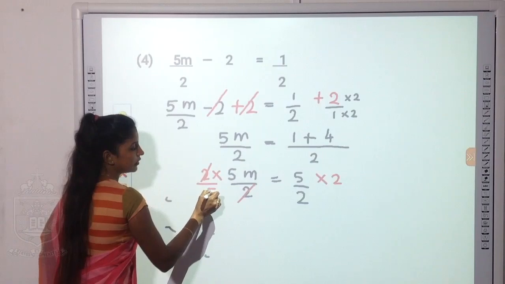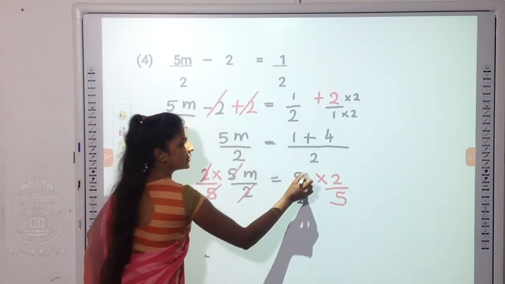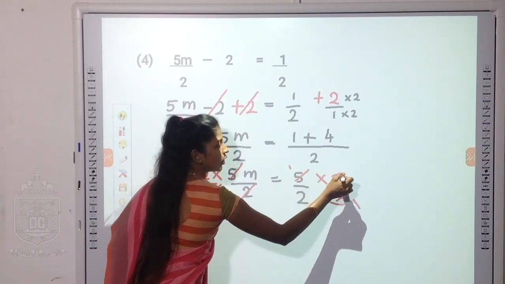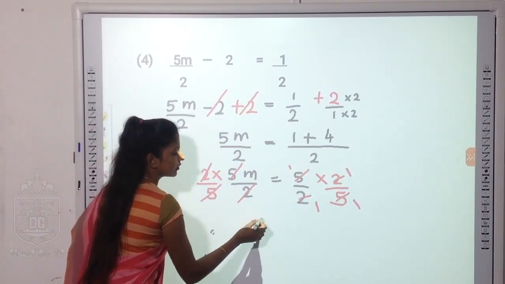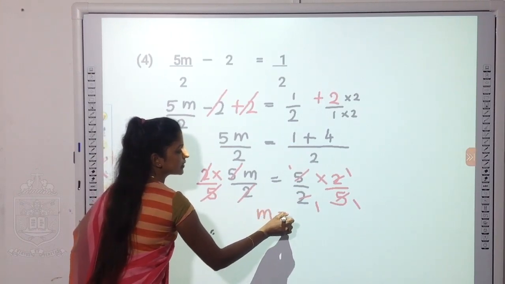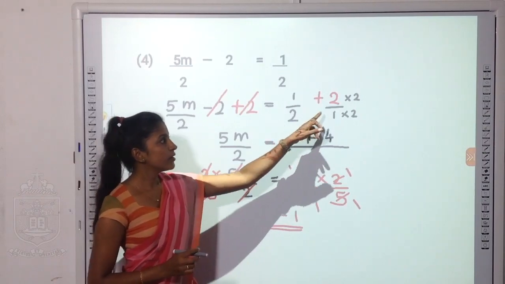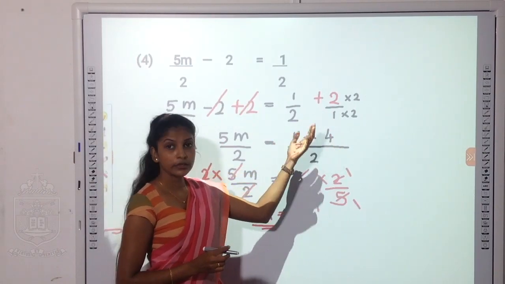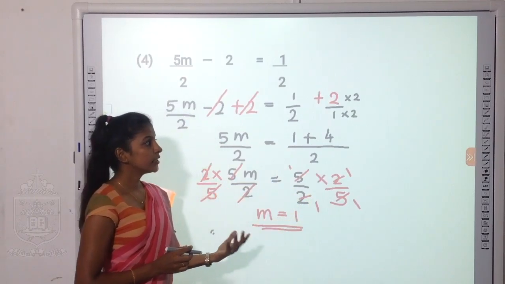In order to remove 5, you can divide both sides by 5. 5 cancels. So you all can see all the numbers will be cancelled and the answer will be 1. So here m equals 1 is the final answer. So when you are adding or subtracting a whole number to a fraction part, always you have to make the denominator common.